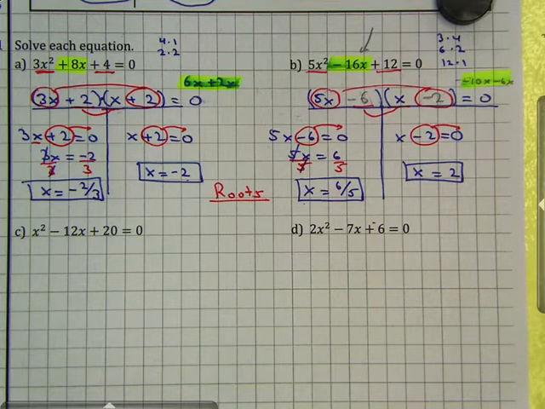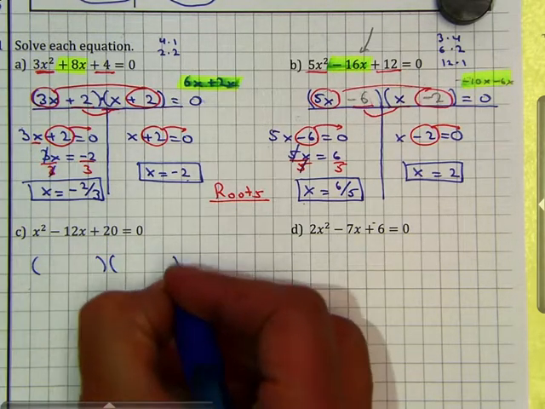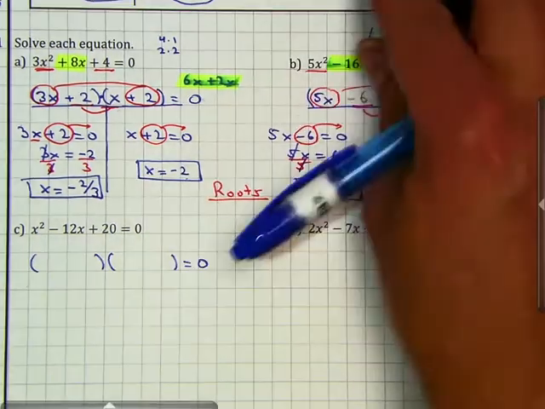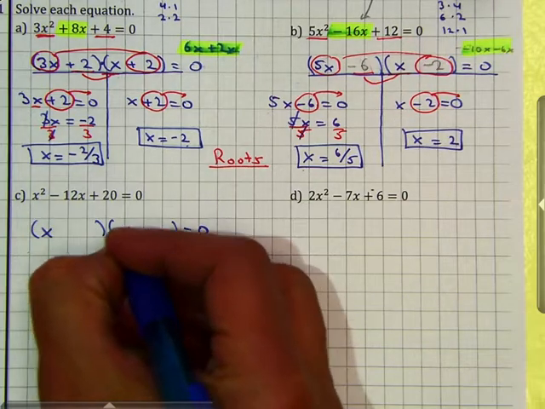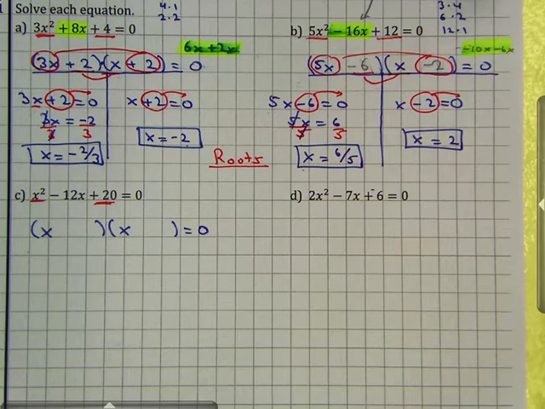So we have a trinomial that we need to factor so we can solve it. It's already equal to 0. I'm going to use my double parenthesis. And now, what are the factors of x squared? x squared will be x times x. What are the factors of 20?